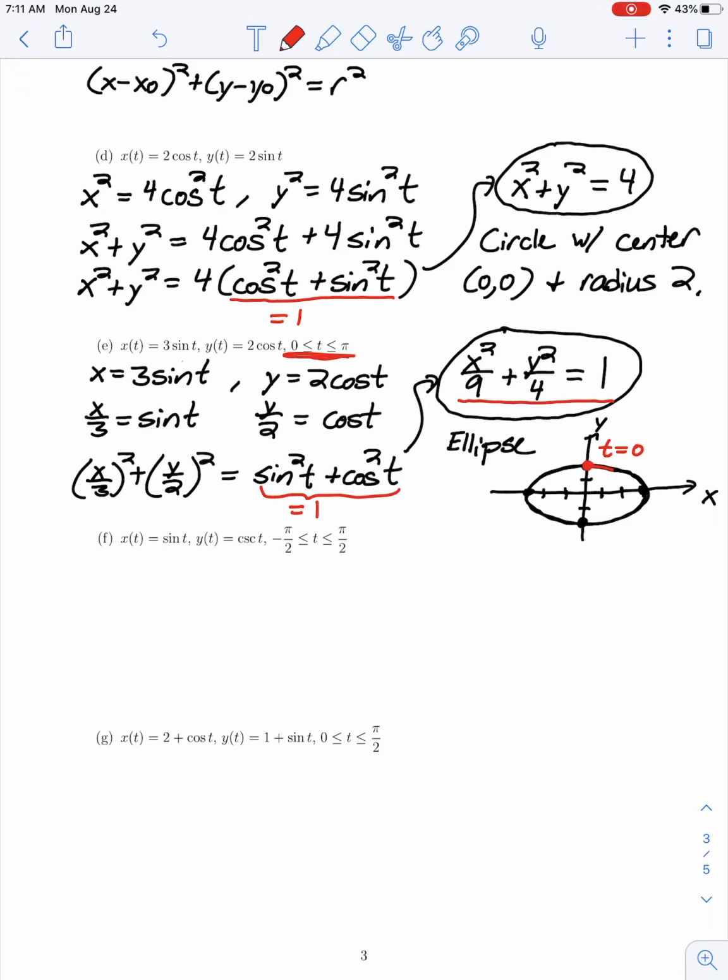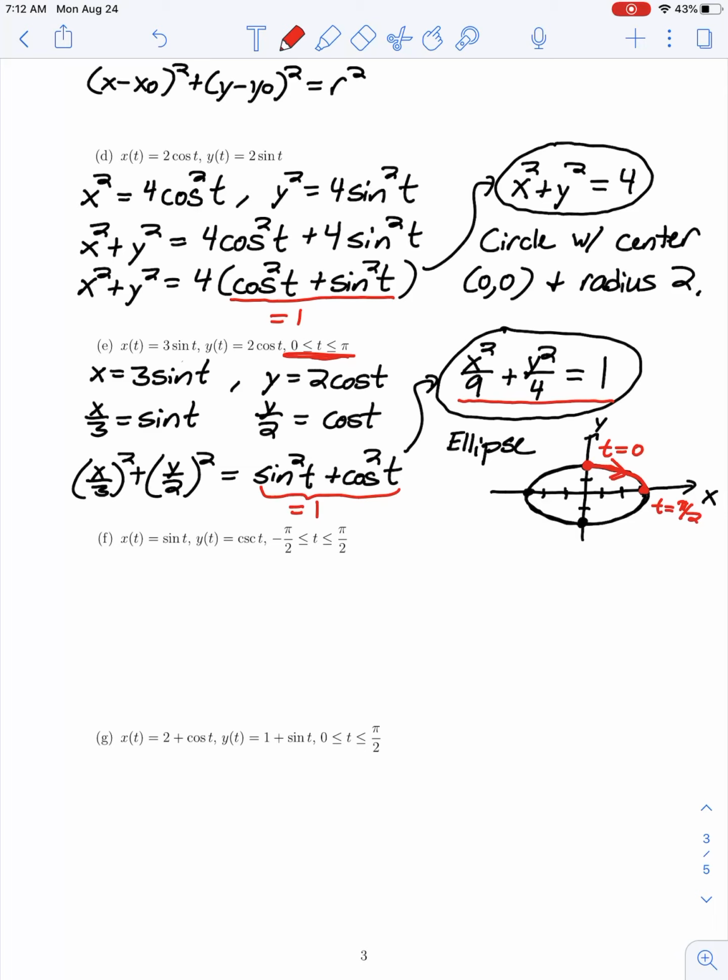And when t is equal to pi over 2, we would have x and y are given by 3 and 0. So we're moving in this direction along our ellipse. Here, this point corresponds to t equals pi over 2. And as t continues to increase towards pi, our x value, 3 sine of t, begins to decrease from pi over 2 to pi.